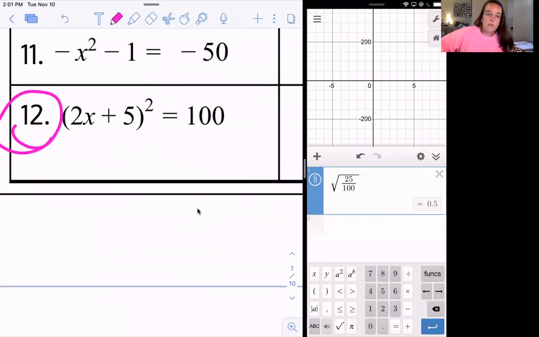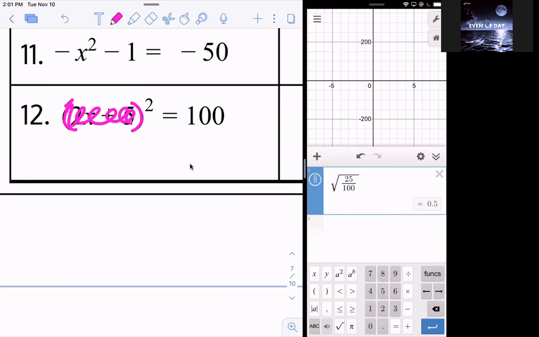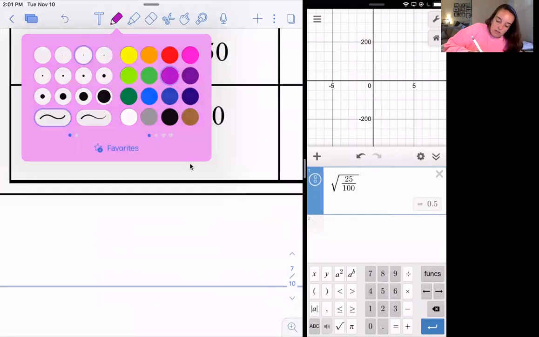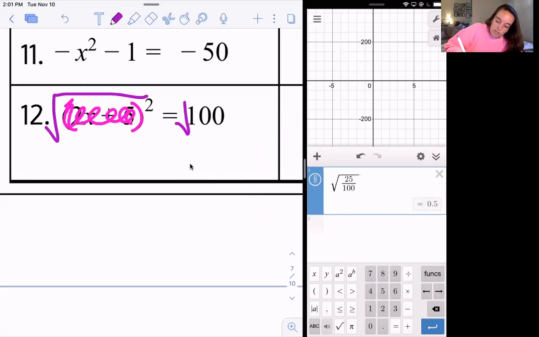All right. So this is one of our spicy ones, right? Has parentheses here. In our spicy problem in our notes, what did we do when we saw the parentheses were locking this stuff in here? How do we get it unlocked? You square root it. We square root it, absolutely. So we take the square root of both sides.